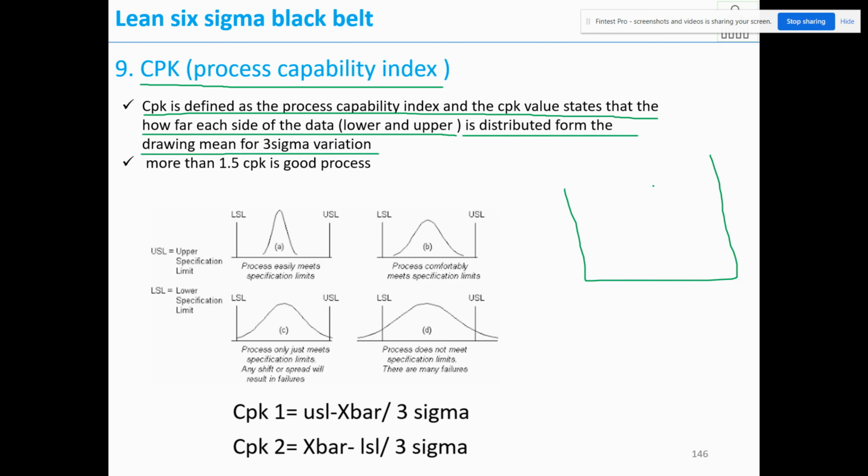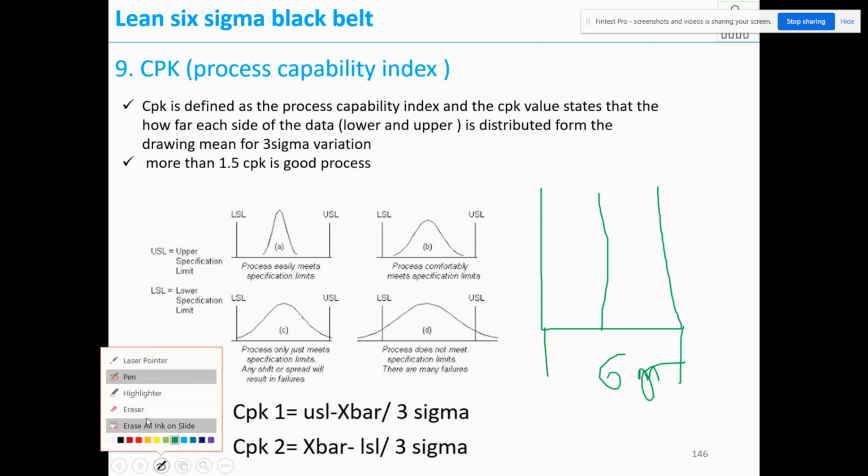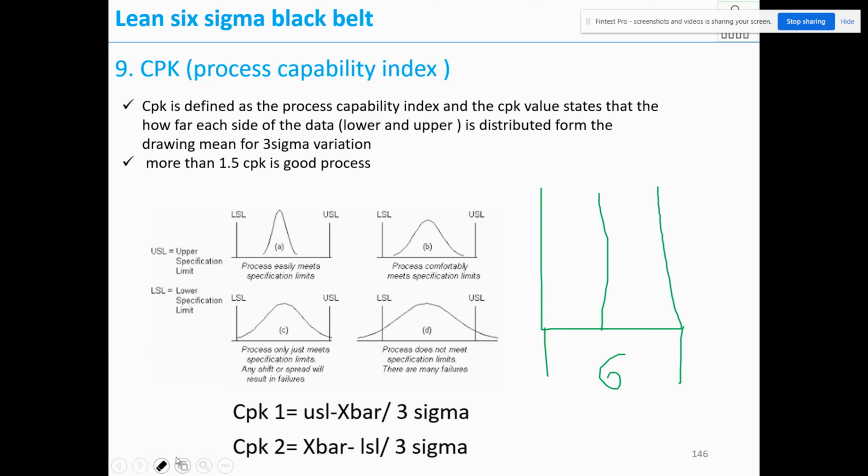Now this is totally 6 sigma variation, right? For the total tolerance, whatever is given, 6 sigma variation.